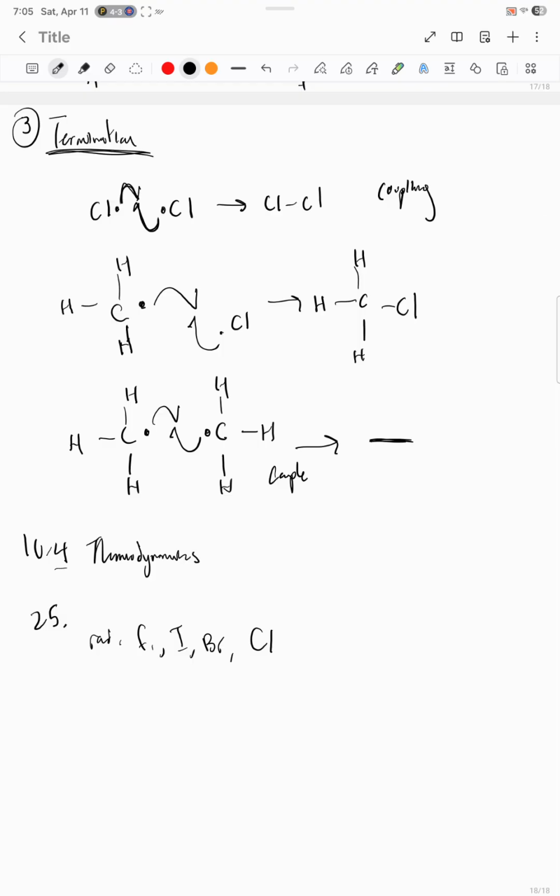Well, we could just observe. We can observe the bond dissociation energy of the relevant bonds, and iodination is the only one that is positive and not exothermic.